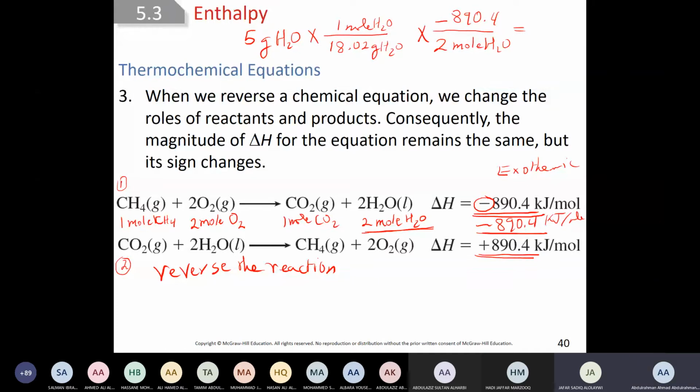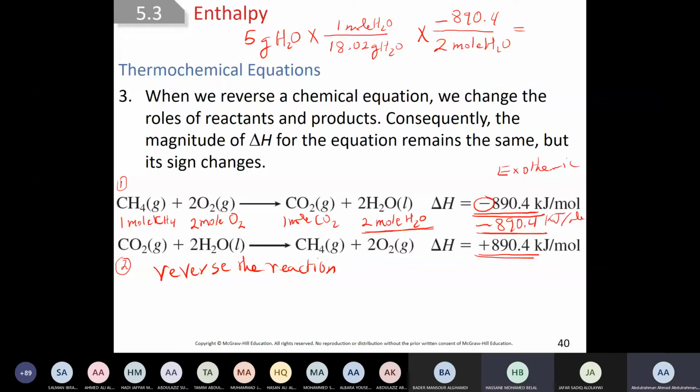How about the value? They are equal in magnitude but opposite in direction. Exactly. So when you reverse any chemical reaction, what should you do with the enthalpy? Change its sign.